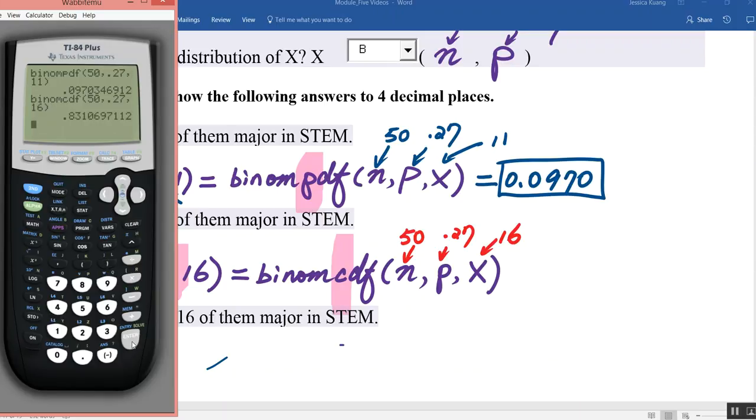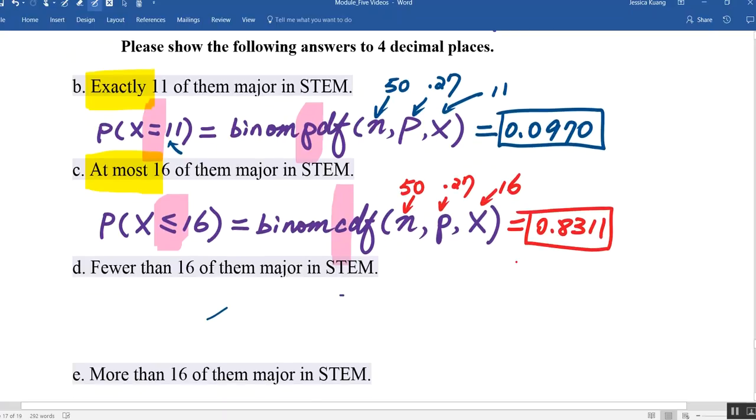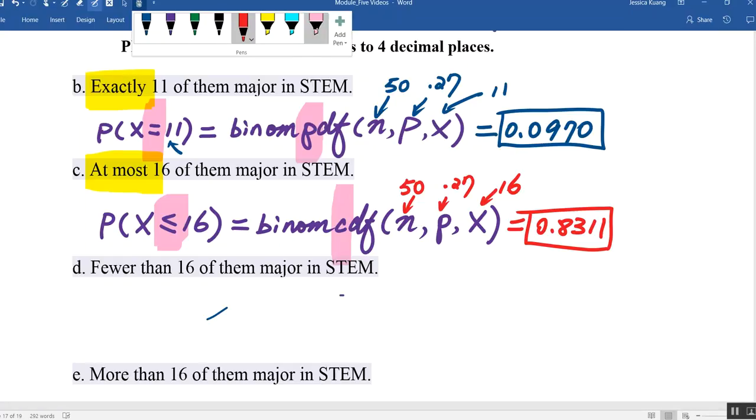And that is my probability. It's 0.8311, if I remember that correctly. Okay, so two functions, binomcdf and binompdf.